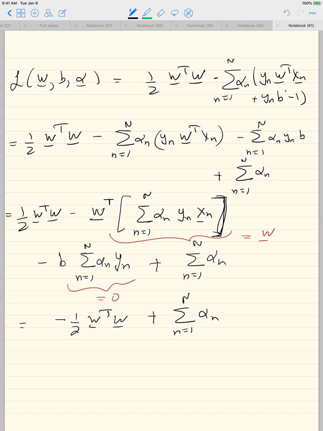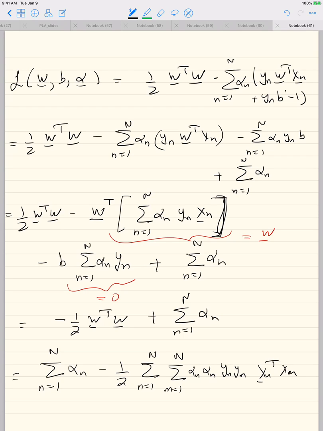And if we substitute for W, since W is equal to the quantity here, and do a little bit of simplification, this will be the summation of n going from 1 to n of alpha n minus half times the summation of n going from 1 to n, summation of m going from 1 to n, alpha n alpha m yn ym xn transpose xm.